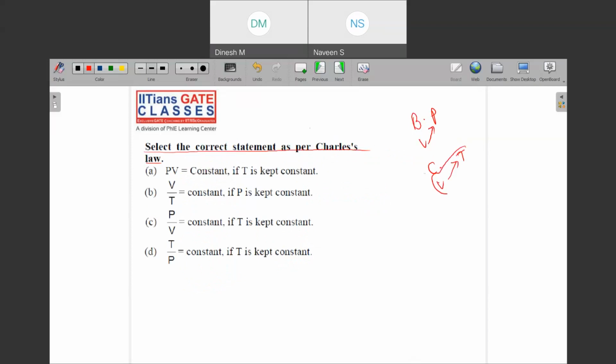So let us find out where we can see, as per Charles' law, V upon T. Wherever we will see V and T, then we will stop. So PV is constant, no. P upon V constant, no. T upon P constant, no. So by option elimination itself we have solved. Why? Because we saw that Charles' law was relating volume to temperature when your P was constant.